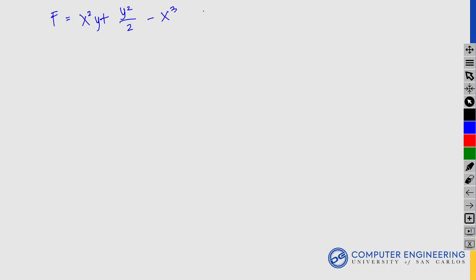Since at the start the technique actually assumes that f is equal to an arbitrary constant c, the final answer is x squared y plus y squared over 2 minus x cubed equal to c.